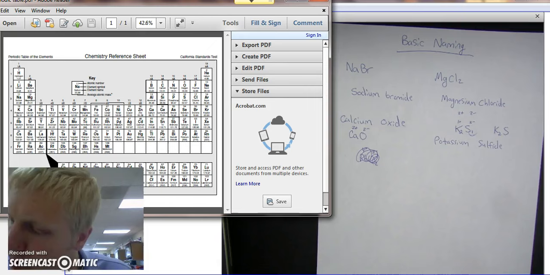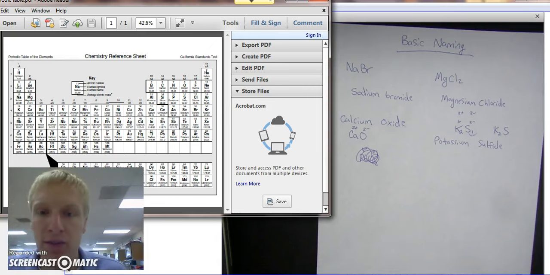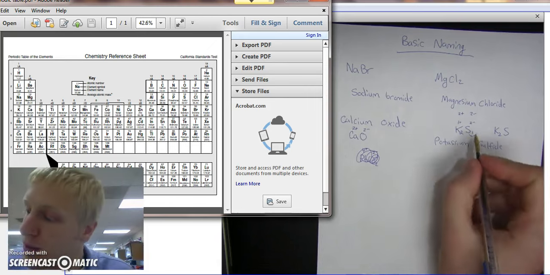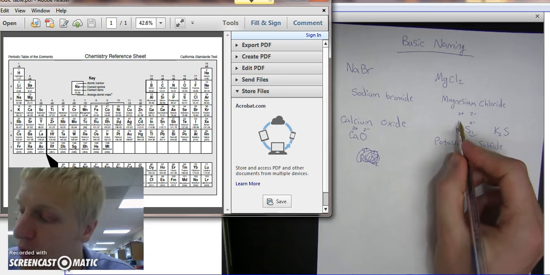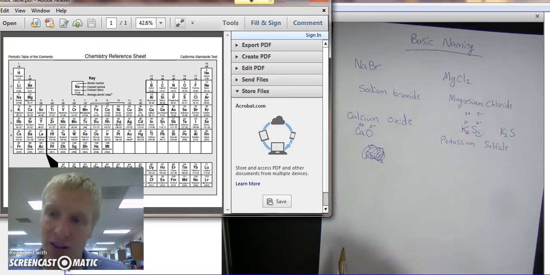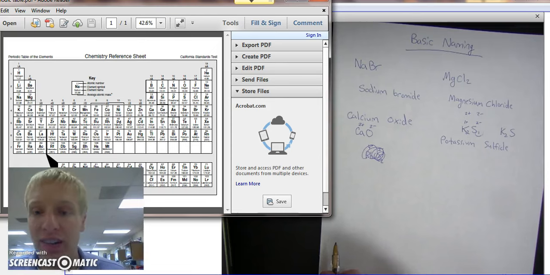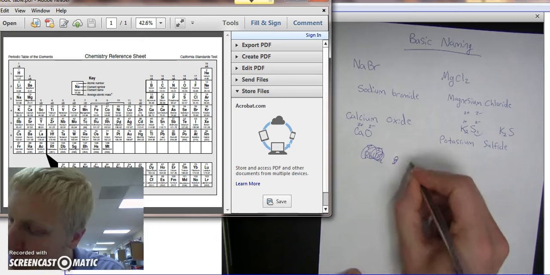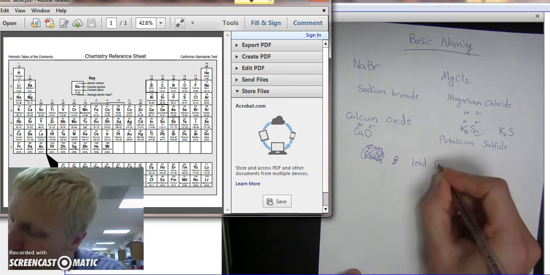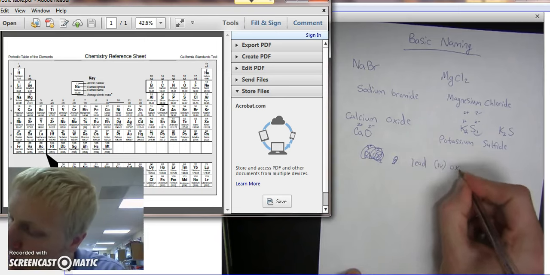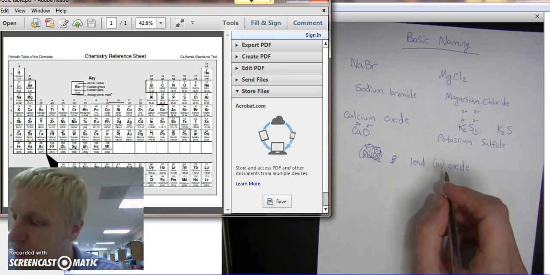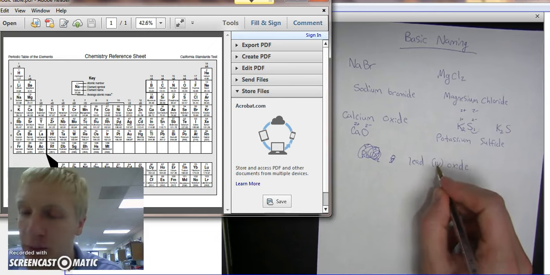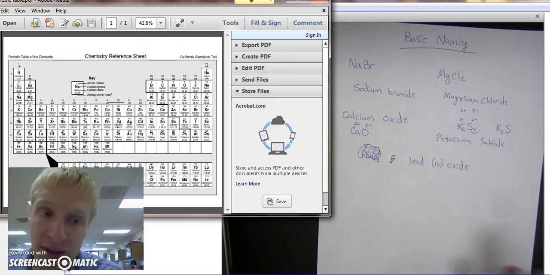So does the crisscross rule work for every situation? The answer is no. The crisscross rule only works if you have an odd and an even charge. If you have two even charges, it will not work. An example would be lead(IV) oxide, and this is a Roman numeral. That will make more sense when we talk about the transition metals, but basically the Roman numeral just represents the positive charge of the metal.